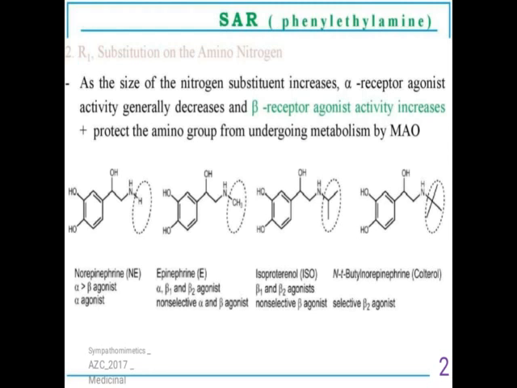Now for example, we will go for the basic neurotransmitter, that is the naturally occurring neurotransmitter, norepinephrine. Here you can observe in the case of norepinephrine, a hydrogen is present at that part. If the hydrogen is present, there are no substitutions like alkyl substitutions. So what happens? The drug is more alpha agonist as compared to beta. Here a methyl is there, so the drug is active against alpha as well as beta.